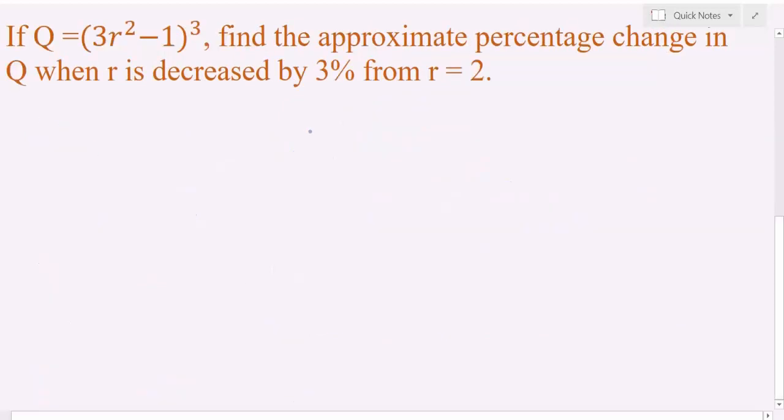Let us apply differentiation in solving another example. Here, the question says, if Q is equal to 3R squared minus 1, all cubed, find the approximate percentage change in Q when R is decreased by 3% from R equals to 2.